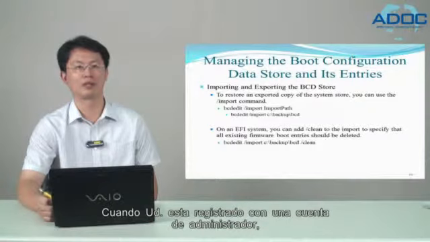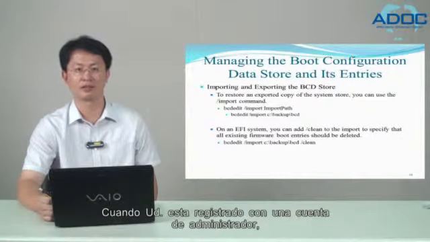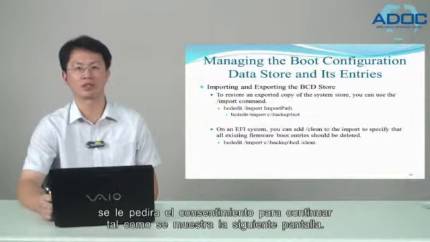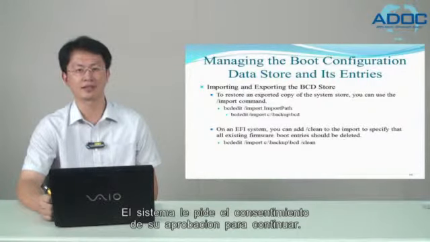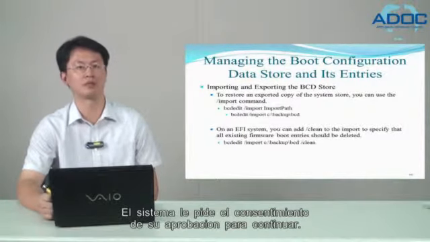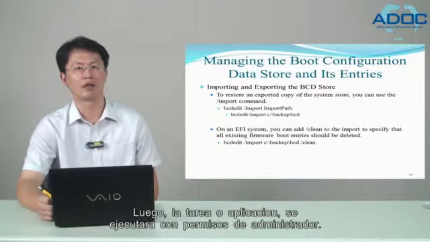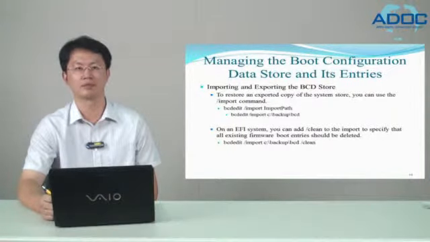When you are logged on with an administrator account, you are prompted for consent to continue, as shown in the following screen. The consent prompt asks your approval to continue. The task or application will then run with administrator permissions.